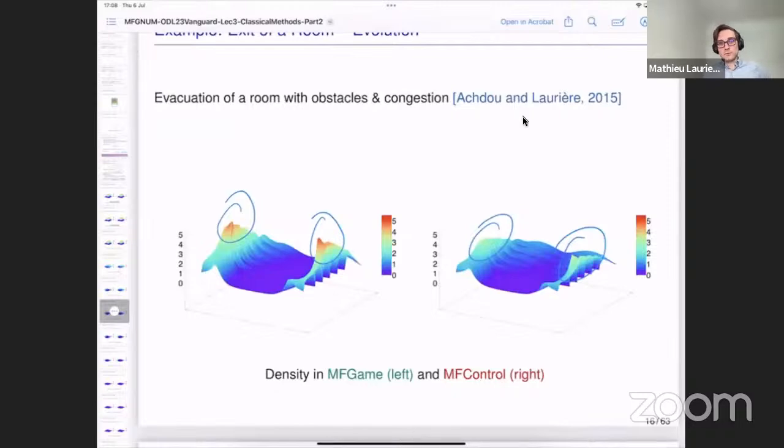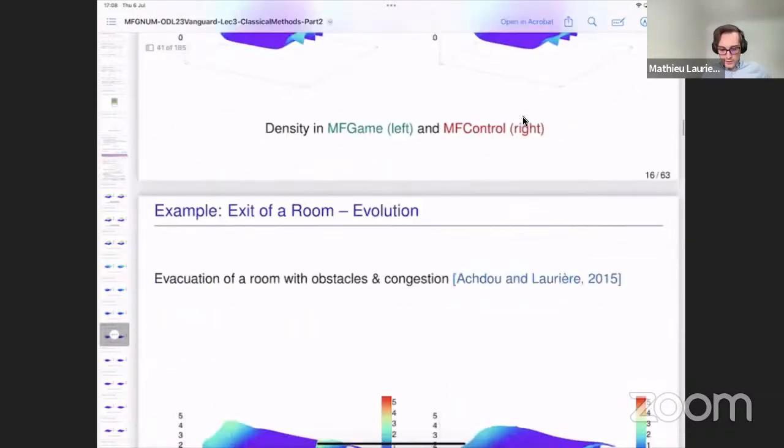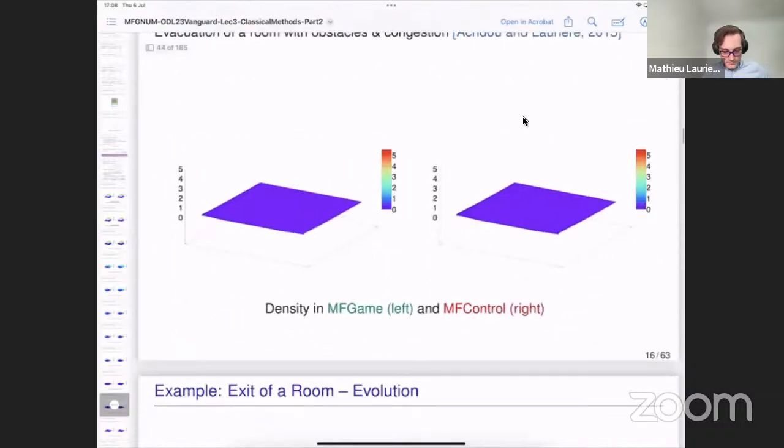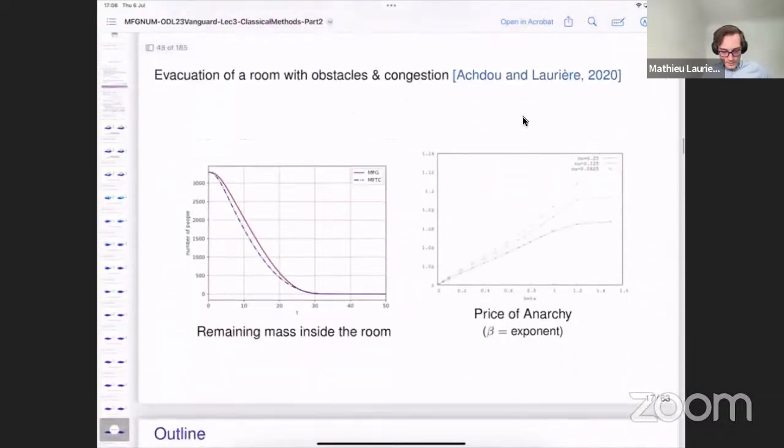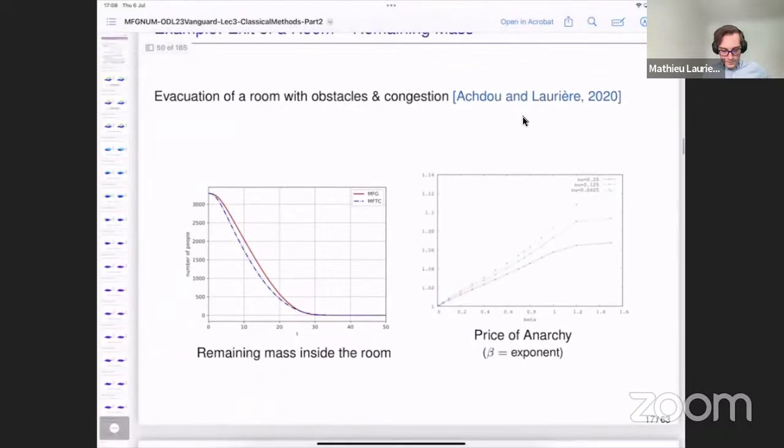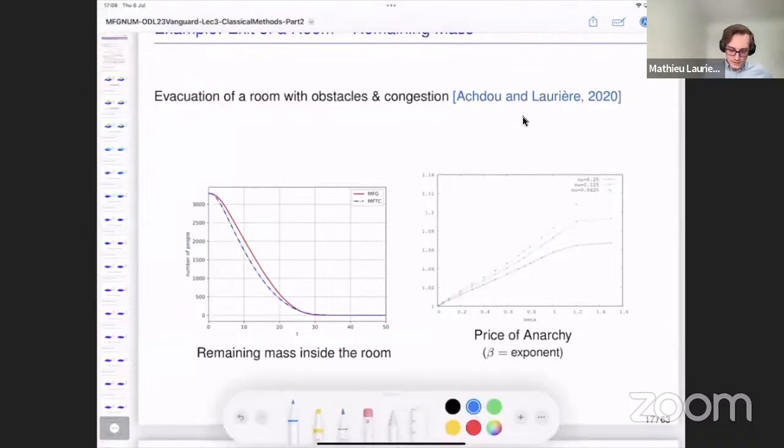So we may wonder what happens to the exit time and what happens to the density. So in this paper, we added a few plots. In particular, you could look at the remaining mass in the room.